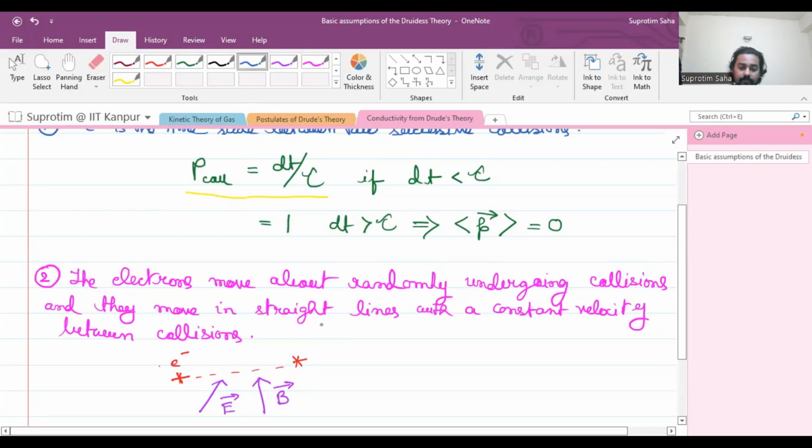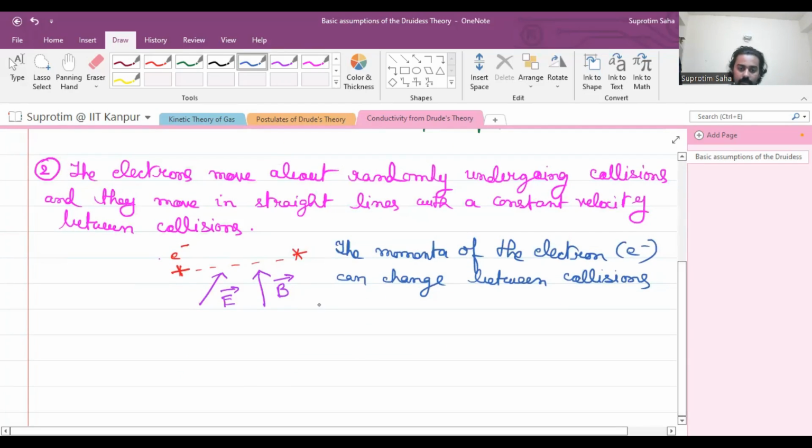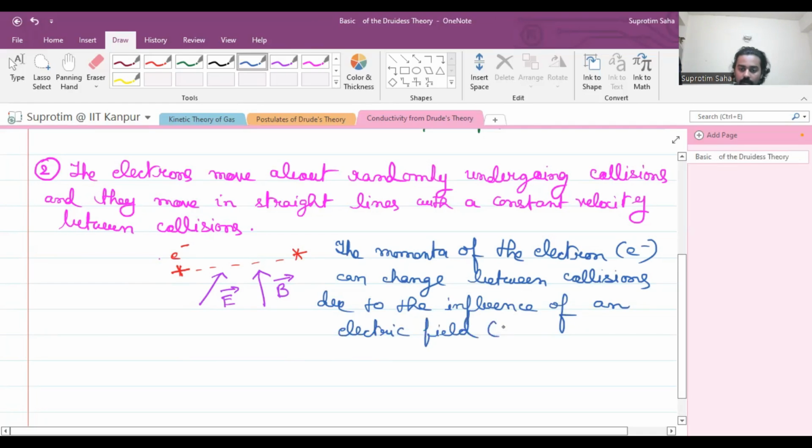So the momenta of the electron can change between collisions due to the influence of an electric field or a magnetic field.